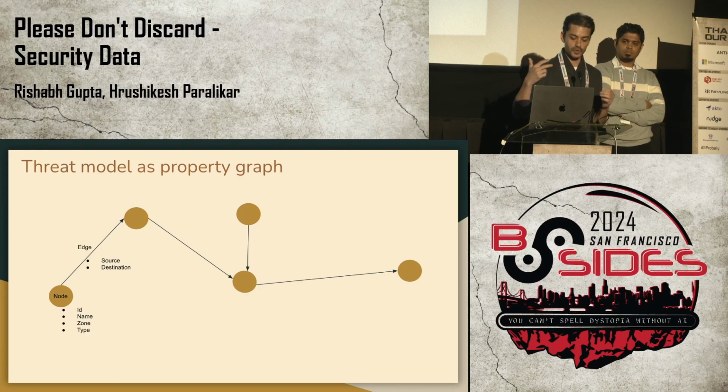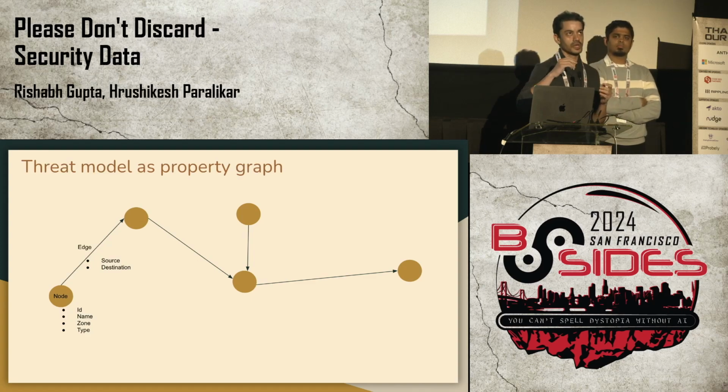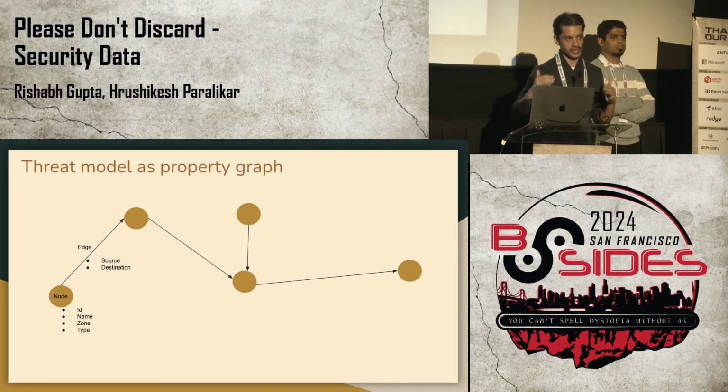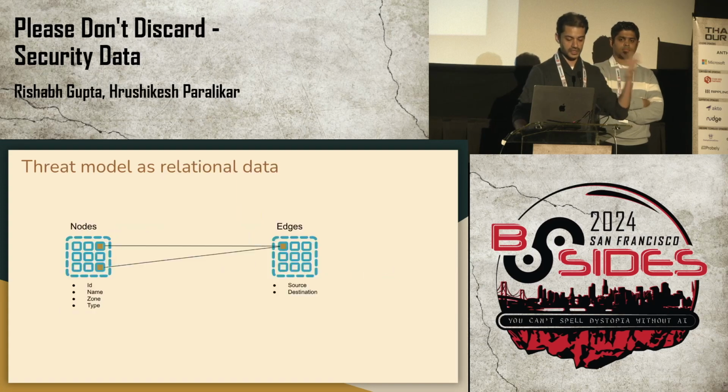And with the use of these properties and these directions, we can at least ask the simple question of what threats are applicable to this flow, right? And expand that to the whole diagram to say what threats are applicable to this feature, given all these nodes and edges.